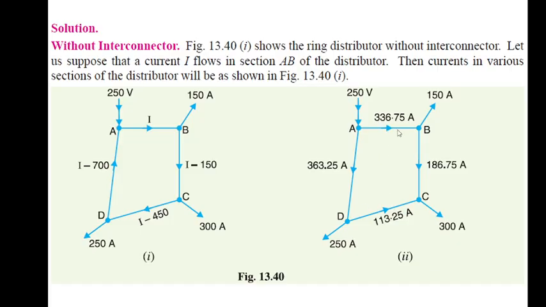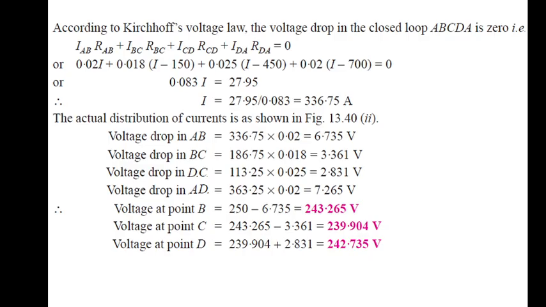So we assume the right directions after solving this example. This diagram clearly demonstrates how current is split and flows through multiple paths in a ring distributor, ensuring that loads are supplied from more than one direction, even without an interconnector. So this is the result of this example.